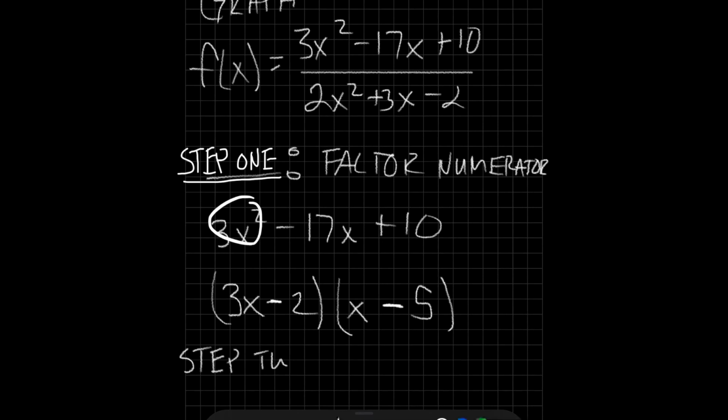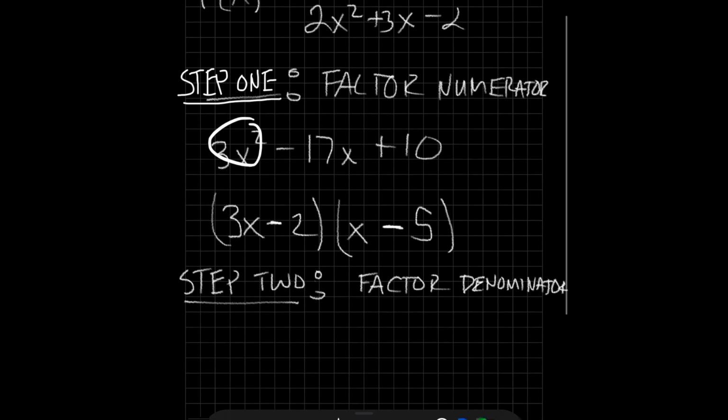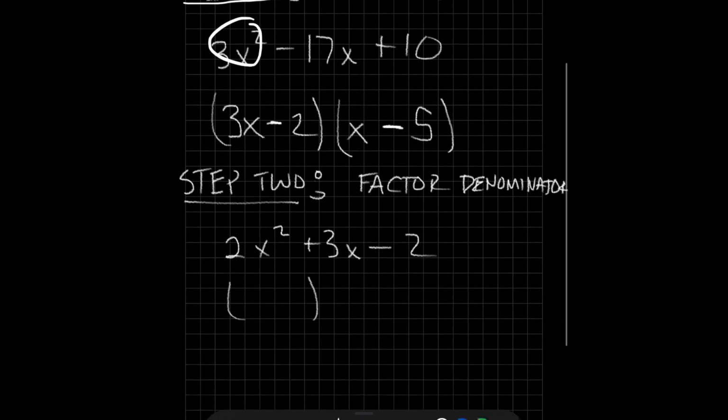Step 2, you might have guessed already, factor my denominator. My denominator is 2x squared plus 3x minus 2. 2x and x.